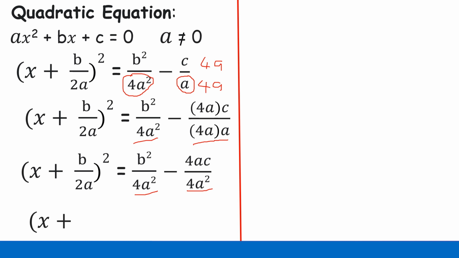When we do that, we have x plus b over 2a all squared is now equal to b squared minus 4ac all over the common denominator, which is 4a squared.